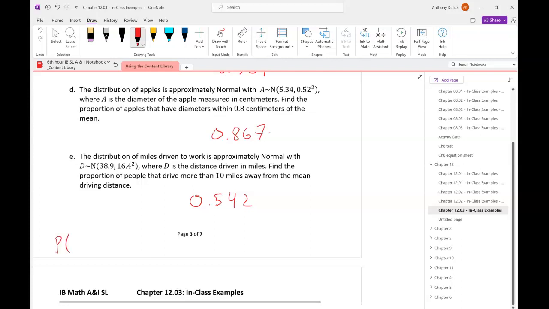So you have to do, oops, I guess D is our random variable.